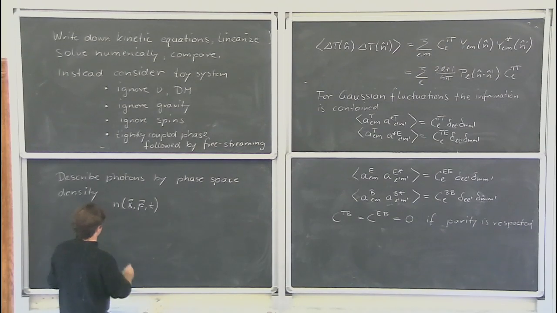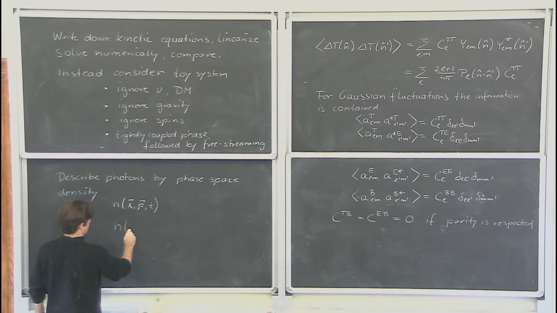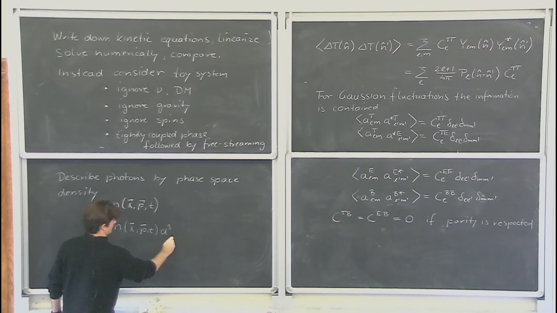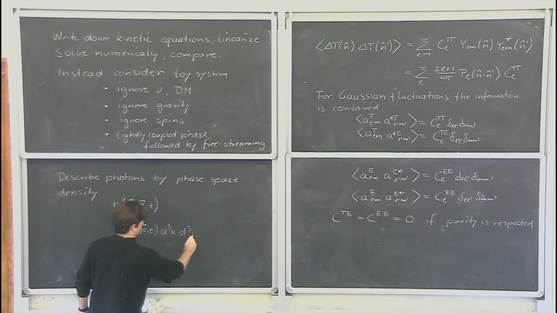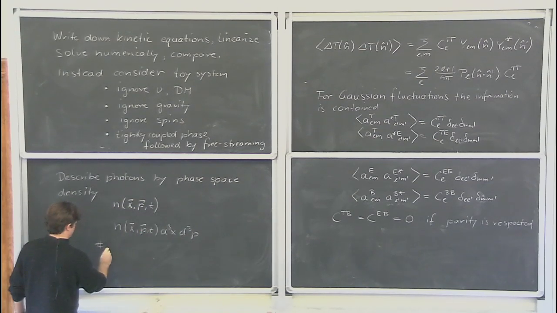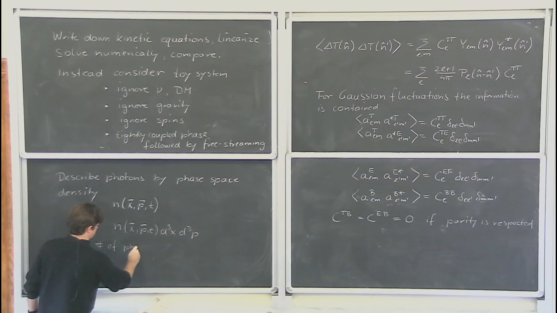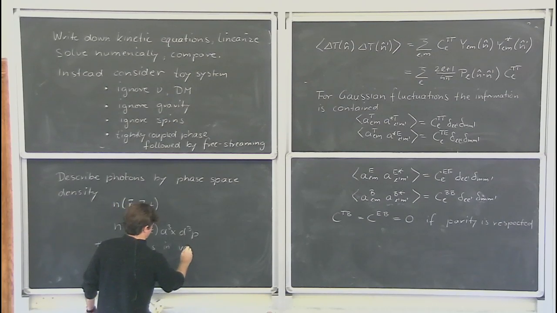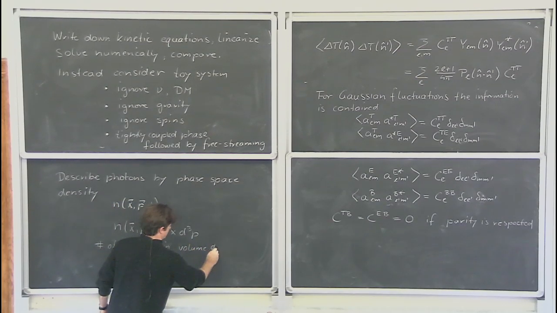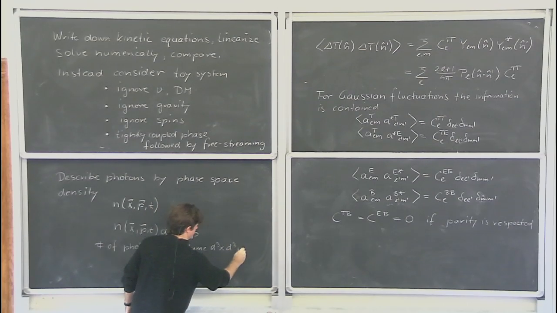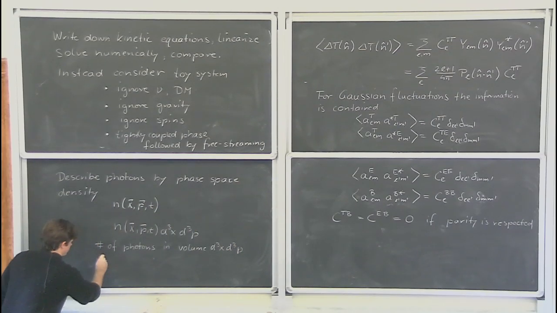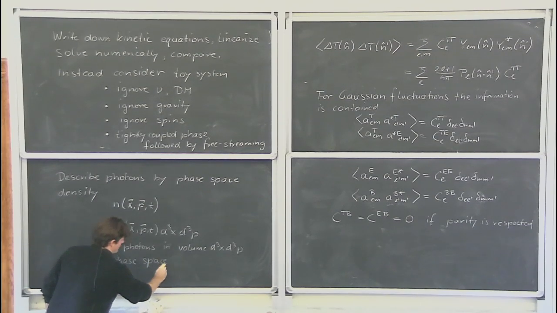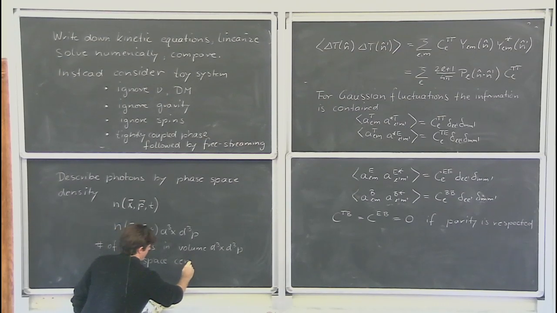And here the idea is that this gadget, n of x, p, and t, the phase-space density times d3x d3p, is the number of photons in a volume d3x d3p in phase space centered at x, p.